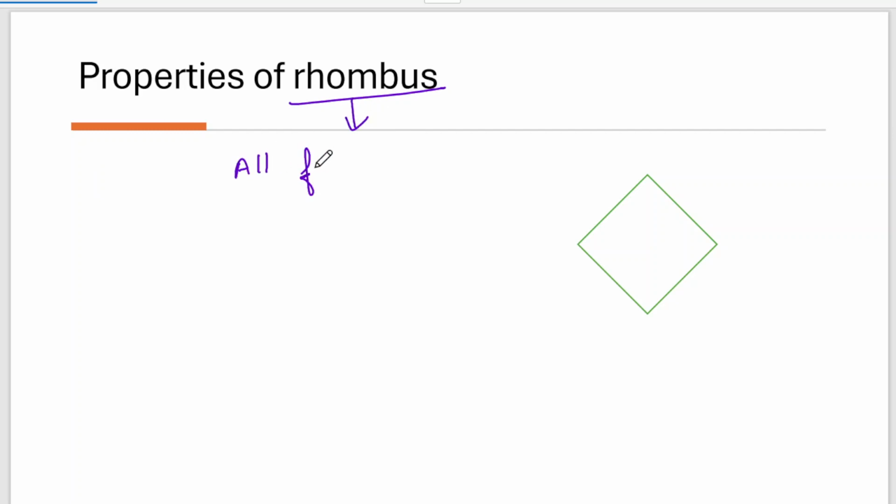That means all four sides are equal. This is a very important and special property related to rhombus. So if it is A, side is also of A length, and this is also A, and this is also A unit. Now you got the point?